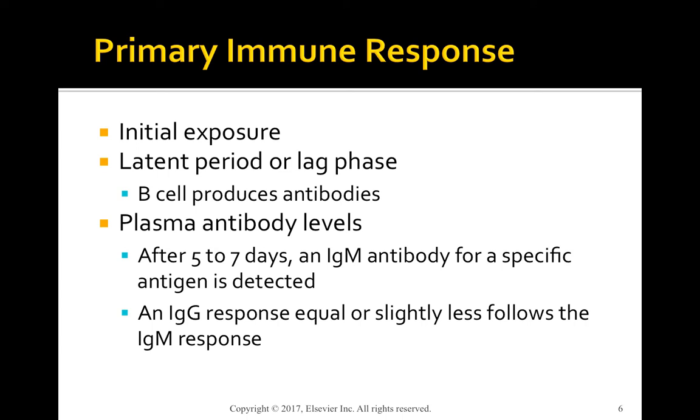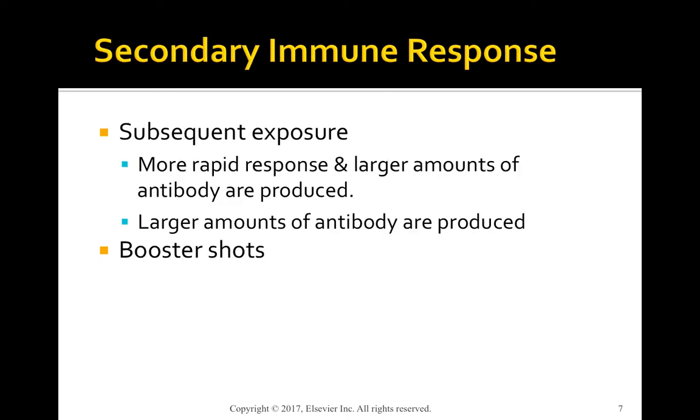So there is a latent and lag phase in the primary immune response where the B cell produces the antibodies. It takes a while for that to happen. In secondary immune responses, the body is able to respond much quicker, and it produces larger amounts of the antibody to kill the invader faster.